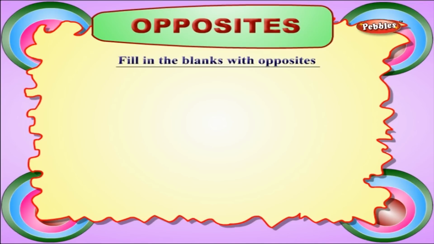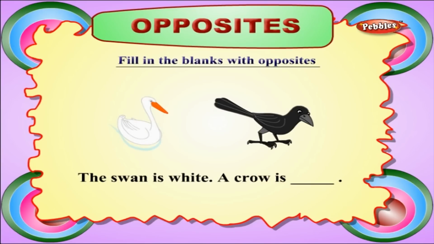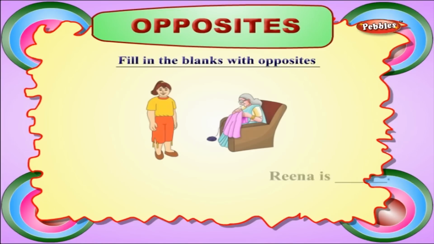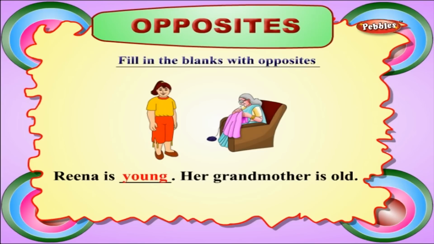Fill in the blanks with opposites. The swan is white. A crow is black. Table is heavy. Book is light. Reena is young. Her grandmother is old.